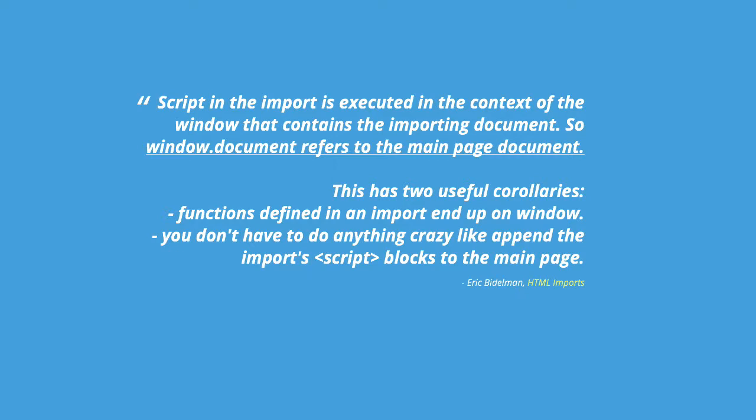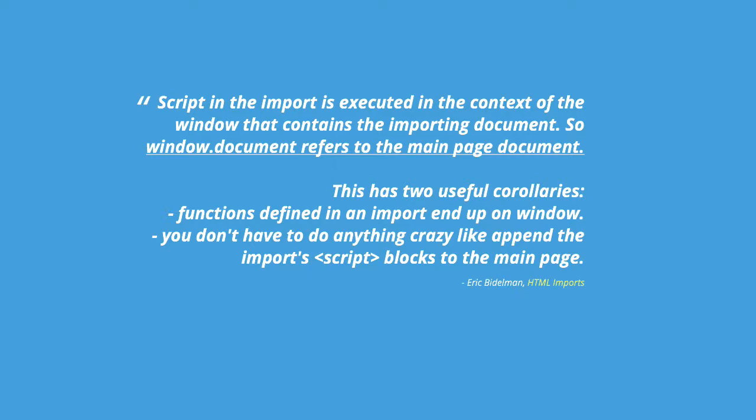Script in the import is executed in the context of the window that contains the importing document. So window.document refers to the main page document. That's important. So window.document is not changing. That's going to still be your main document because the script is executed in the context of that window.